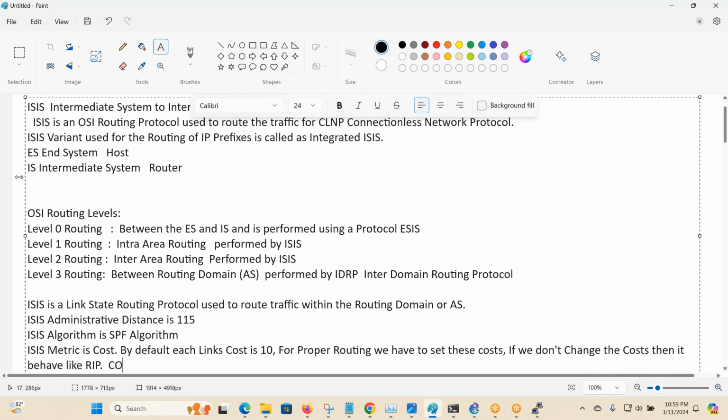So cost, the interface metric, is a 24 bits value. So you can set any 24 bits value for the interface cost. Path cost is a 32 bits value.